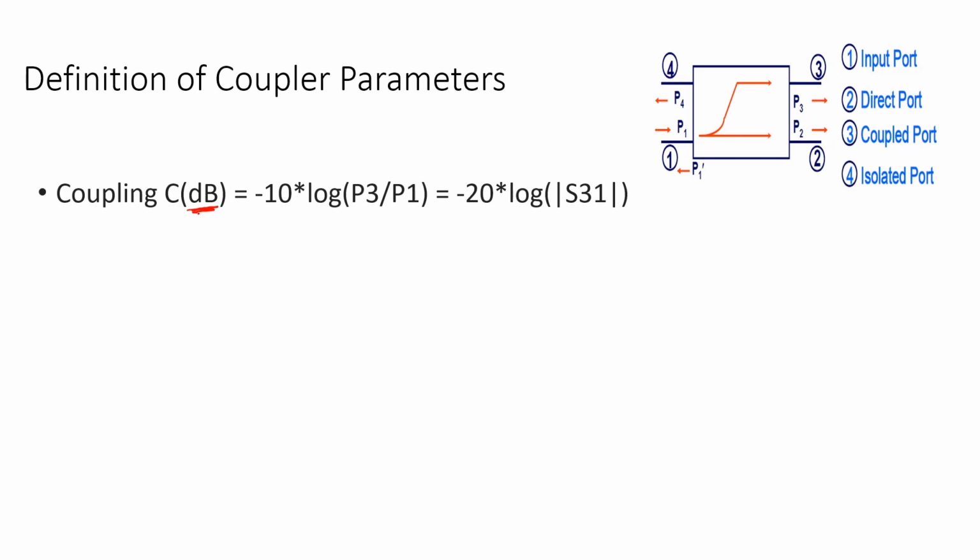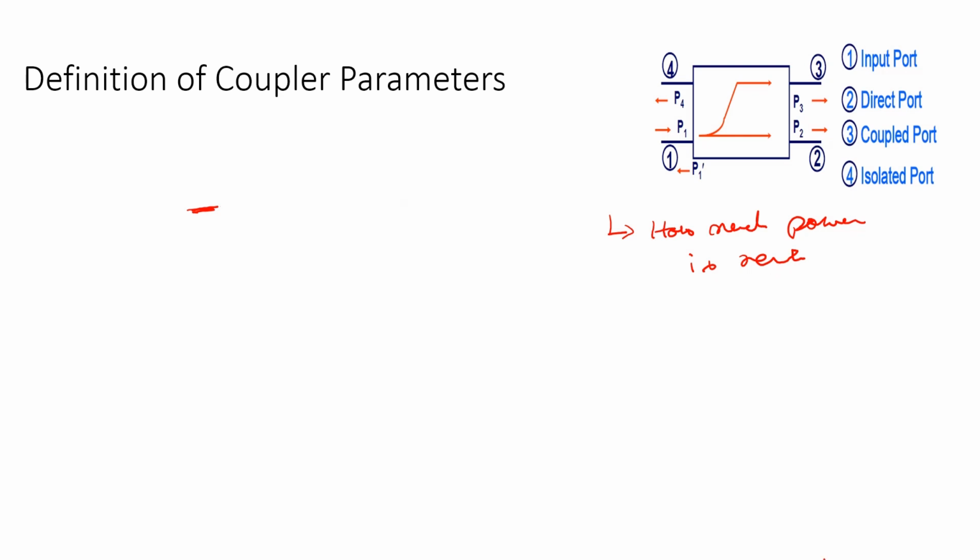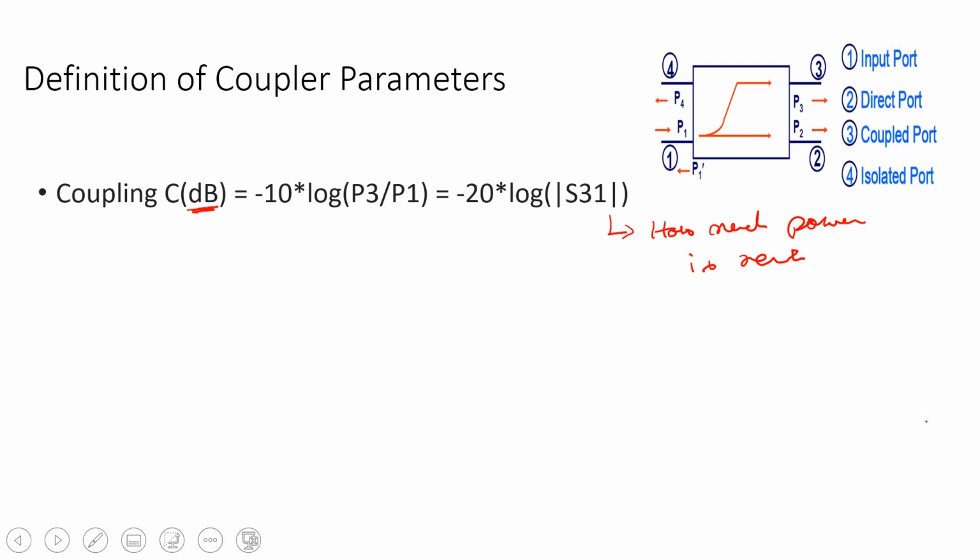Coupling is the measure of how much power is received in port 3 with respect to port 1, so it will be P3 with respect to P1, and we want it in dB, so 10 log.